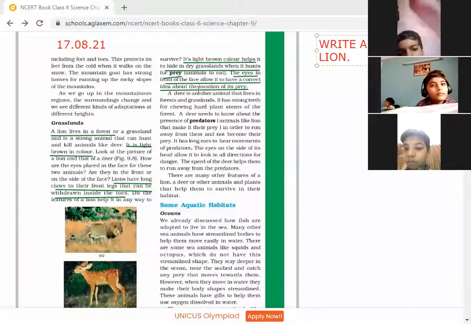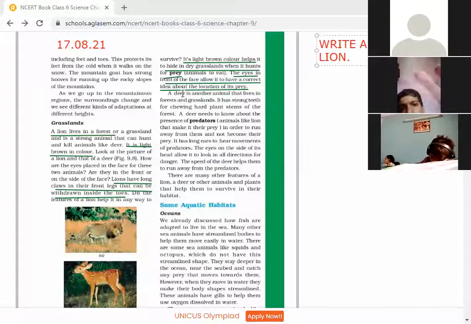And the eyes, which are in front of the face, allow it to have a correct idea about the location of prey. So in this way, the eyes and the color are going to help. Okay, is it clear? Hope you have underlined.